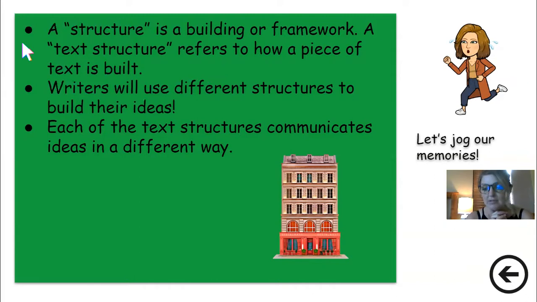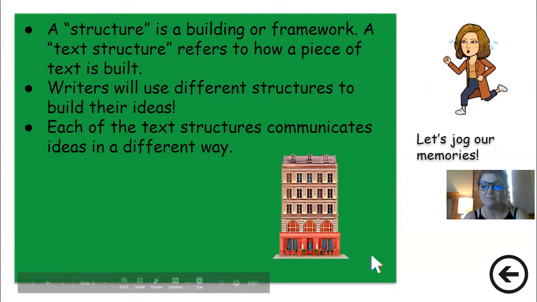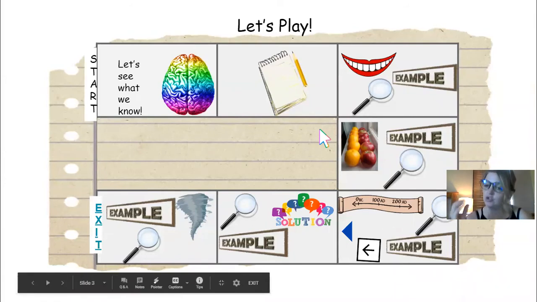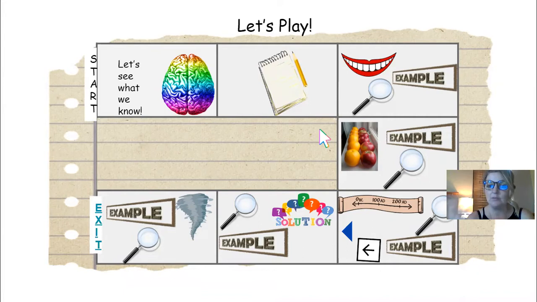So every piece of text is written for a certain purpose. And we have to figure out what that purpose is and be able to notice the parts of it, right? And how they all fit together to build that structure.